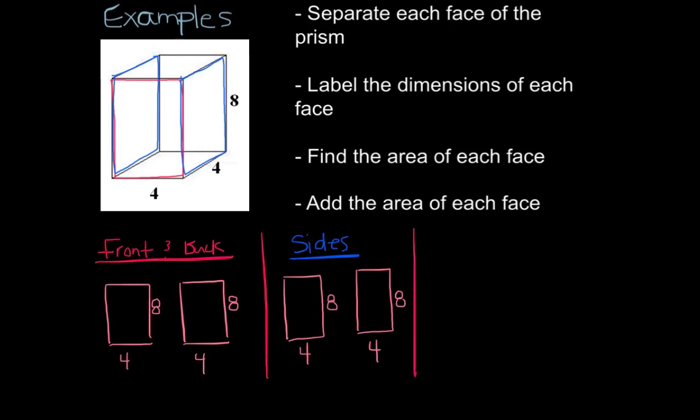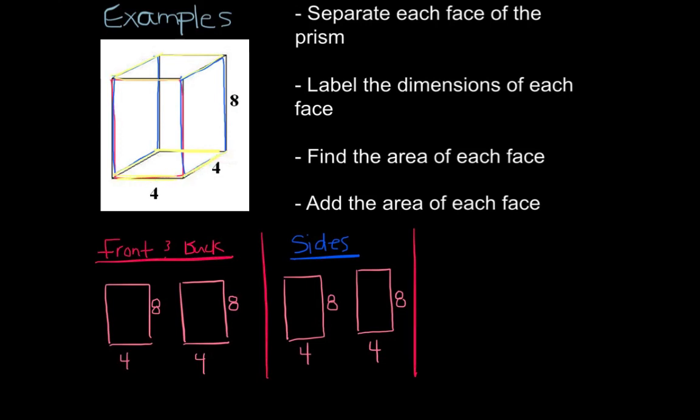Let's see, we've done the front and the back, we've done the 2 sides. What remains? The top and the bottom. So here's the top, outlining it in yellow here. And that's going to be identical to the bottom, which I'm outlining in yellow as well. And you can see that the dimensions for the top and the bottom are, well, our shape is a square, so it's going to be 4 by 4.